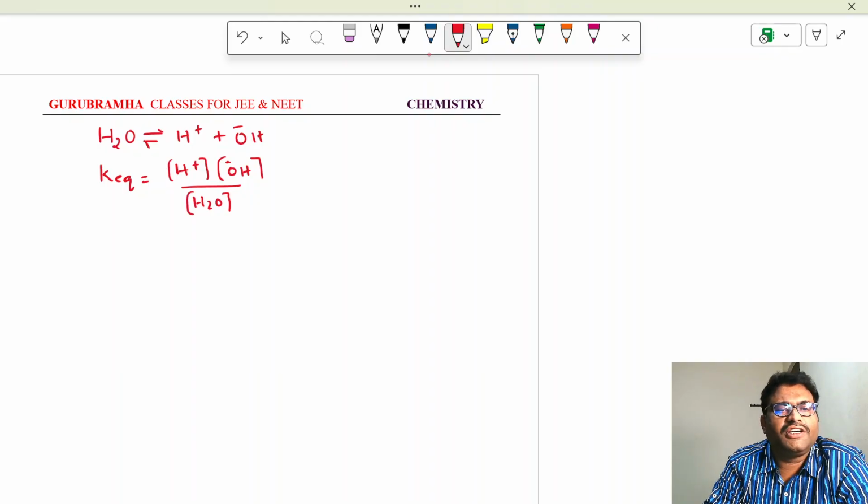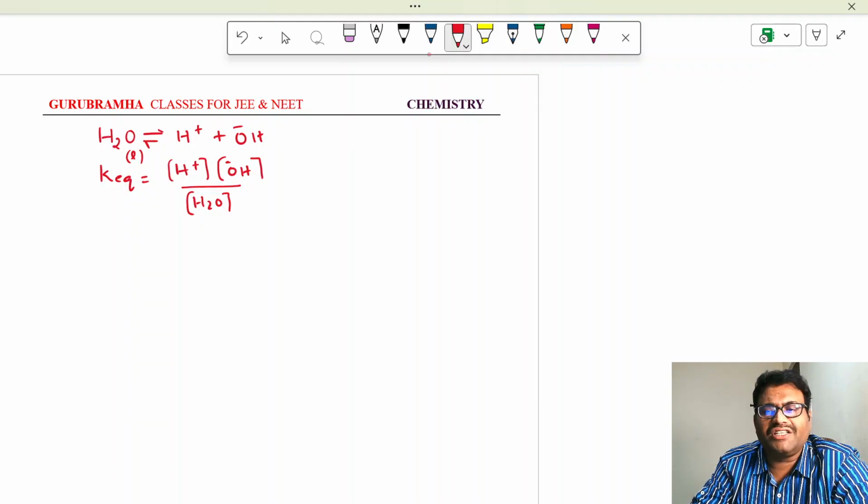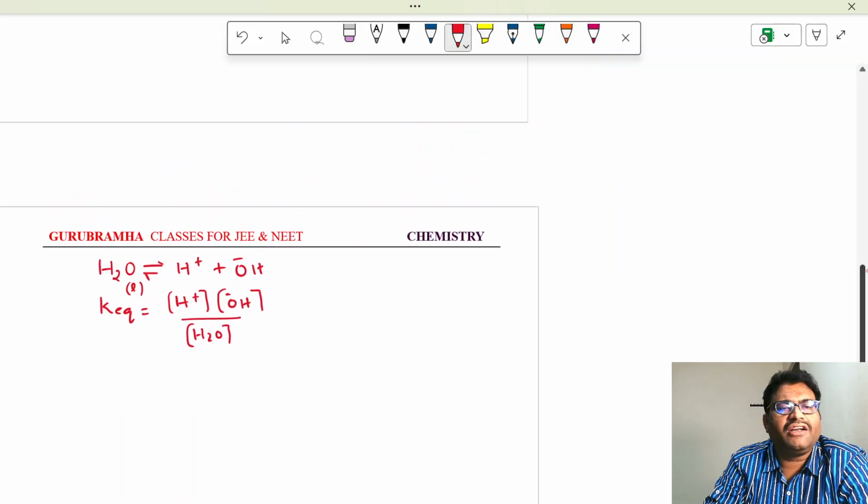H2O is a liquid, and H plus is released and present in water, so we can take it as aqueous. Now let us see what the concentration of water is. How to calculate the concentration of water?